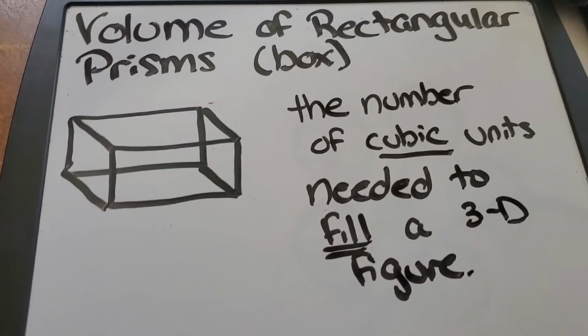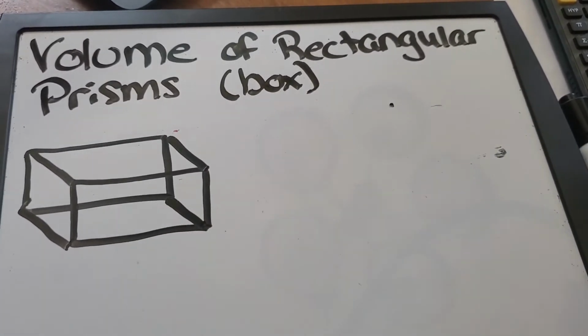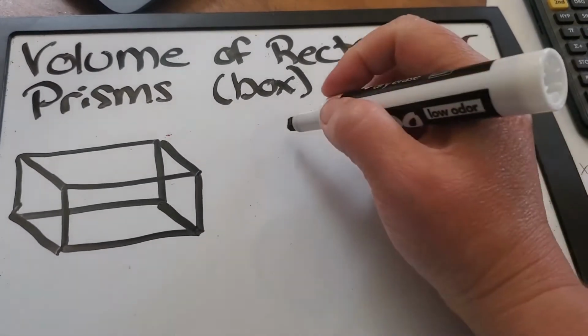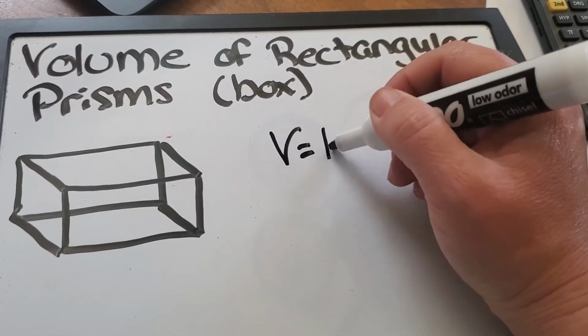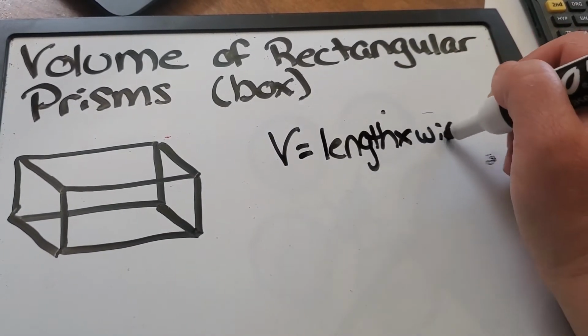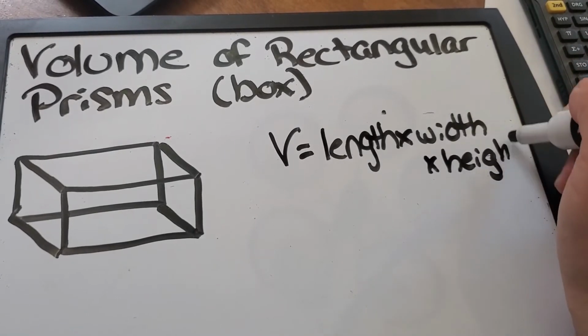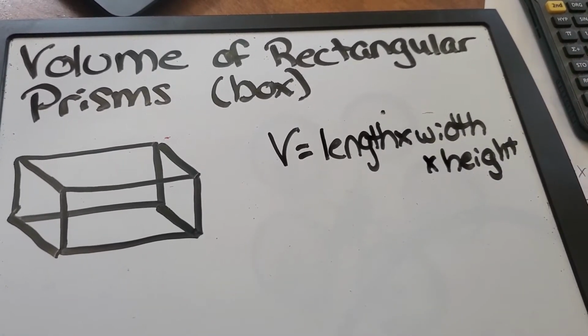So I know most of you already remember that the formula for volume of a box is length times width times height. Make sure you write that down, especially if you don't know it. Length times width times height. But I wanted to make sure that you understood why.